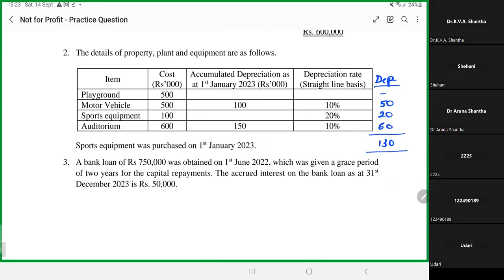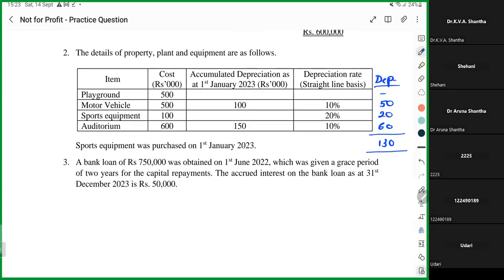For the first 2 years of the bank loan, you don't have to pay capital, only the interest. The accrued interest on the bank loan as at 31st December 23 is 50. So during the year, you have not paid 50 interest.